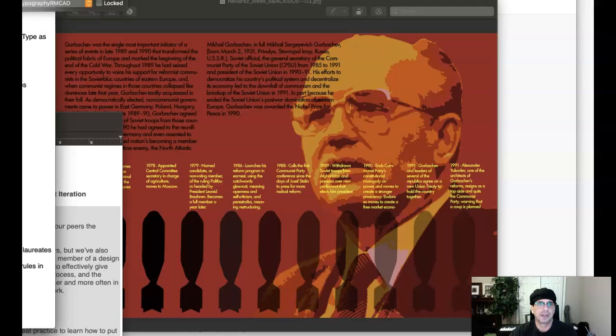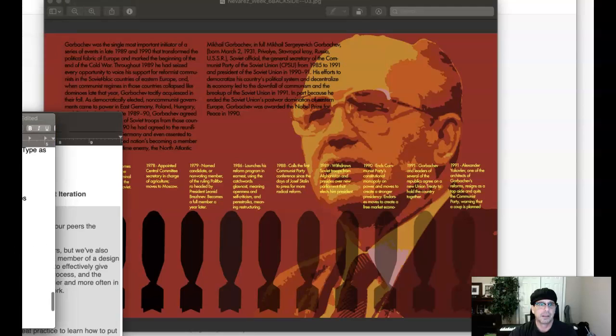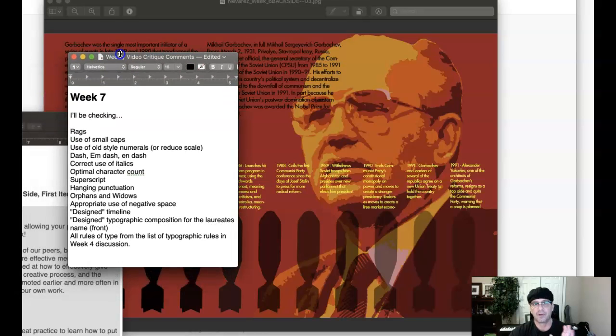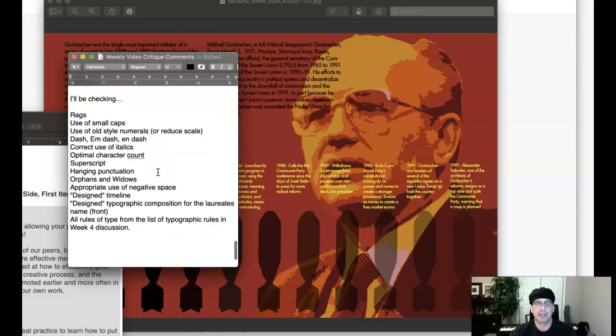Now, I'm not going to go through each one, but I will tell you this. Let's go ahead and take a look at what I will be looking at. This is what I'm going to be looking at, among others. I'm going to be checking rags, use of small caps, use of old style numerals or reduced scale, proper use of dash, M dash, N dash, correct use of italics, optimal character count per line, superscript, hanging punctuation, orphans and widows.